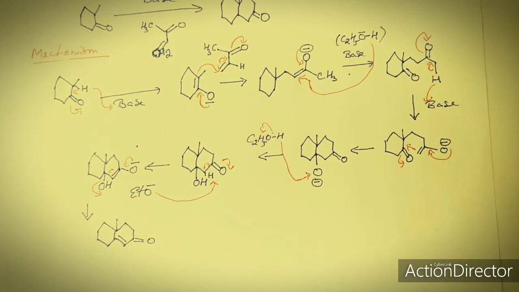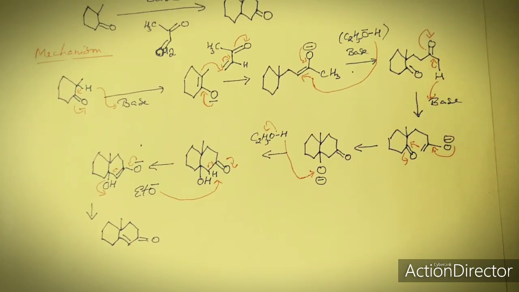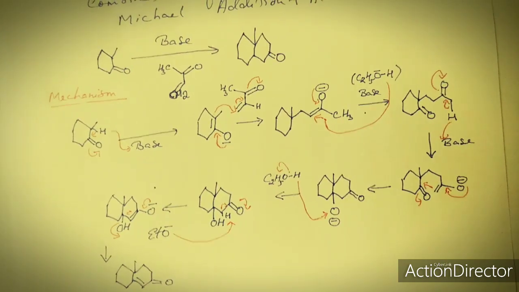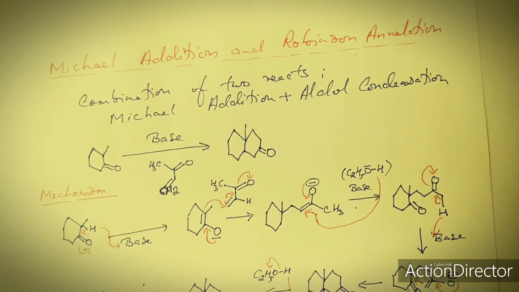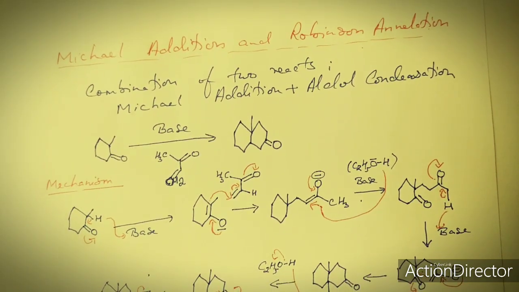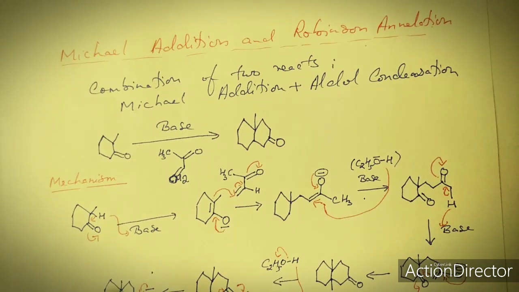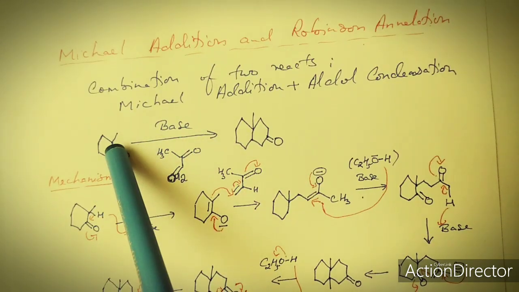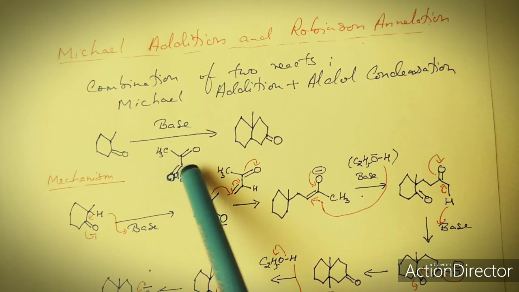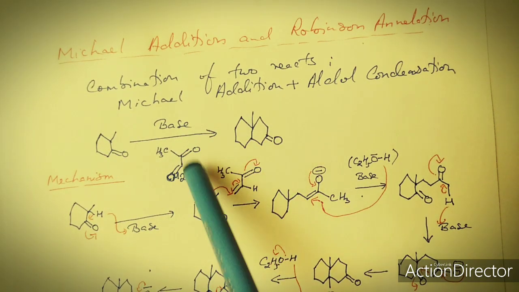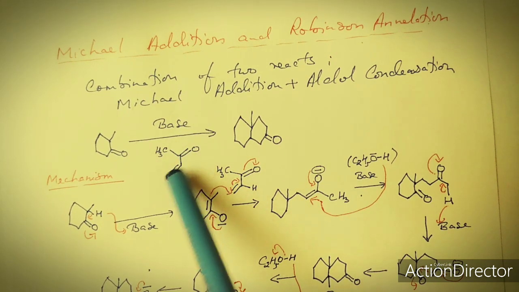So this was the Robinson annulation, which is a combination of our Michael addition and the aldol, carbon negative here, and this is alpha-beta unsaturated, so it gives a 1,4 addition, 1, 2, 3, 4 at this end.